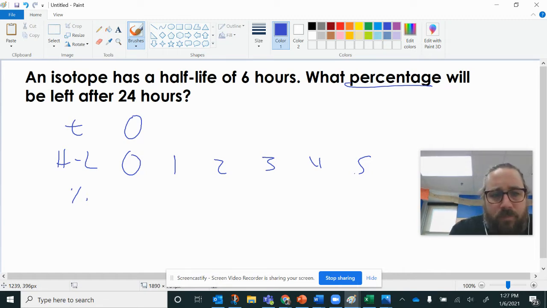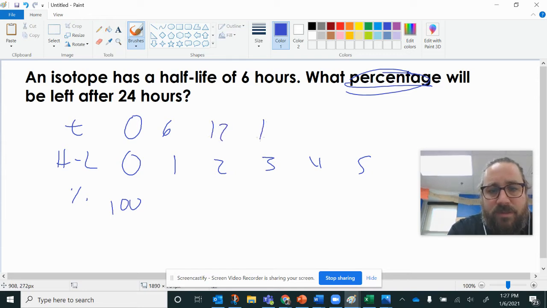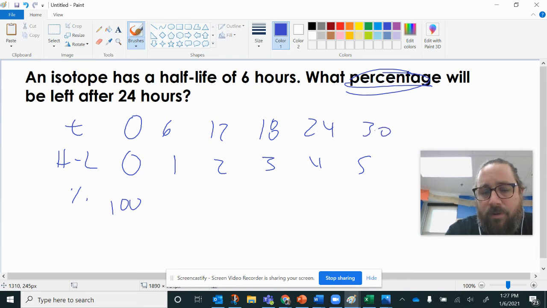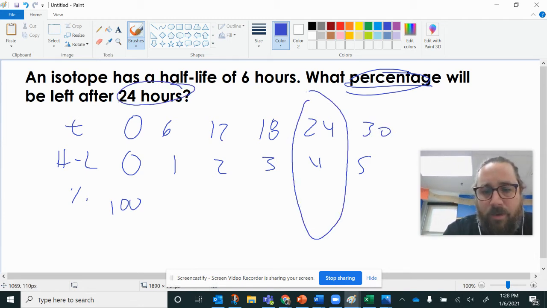Initially, I'm starting off with 100%. So after 1 half-life, 6 hours, 6 plus 6 is 12, 12 plus 6 is 18 hours, 24 hours, 30 hours. Doesn't matter. I can tell right now my answer is going to be here somewhere.